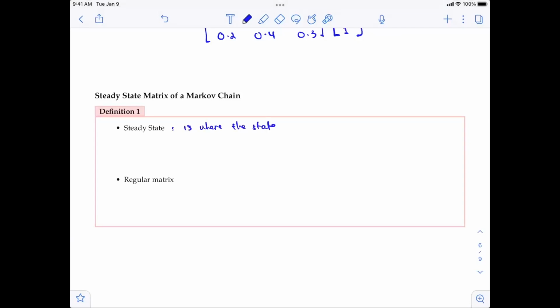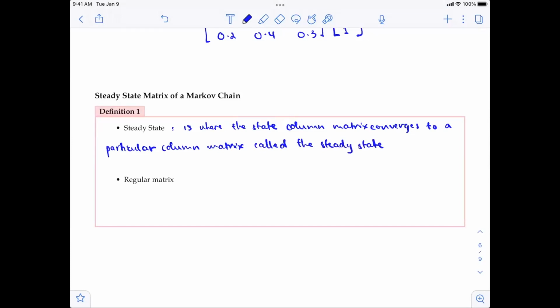is where the state column matrix, right? So that is x1, x2, x3, so on and so forth, converges to a particular column matrix called the steady state matrix, right?